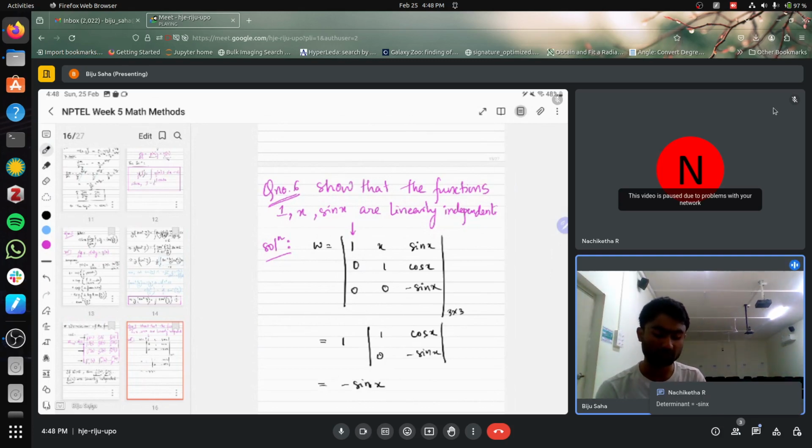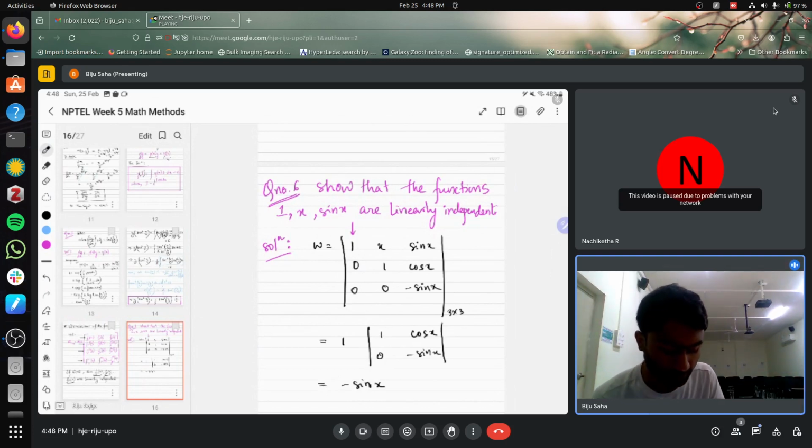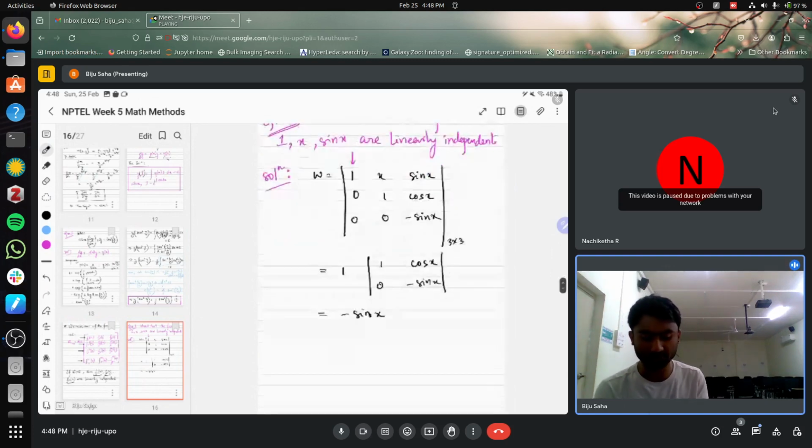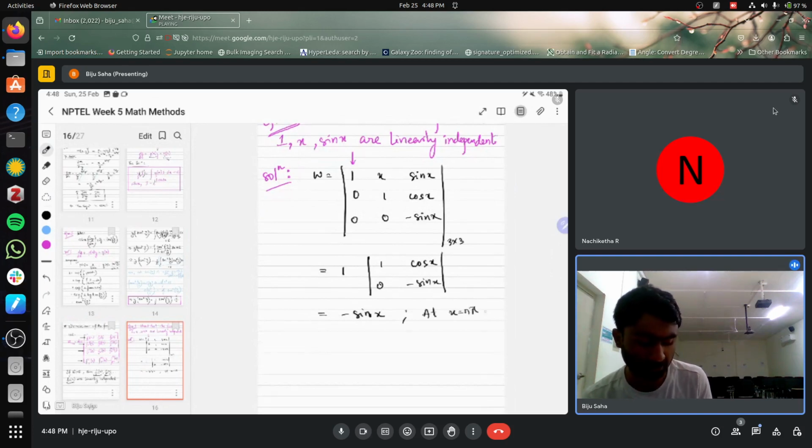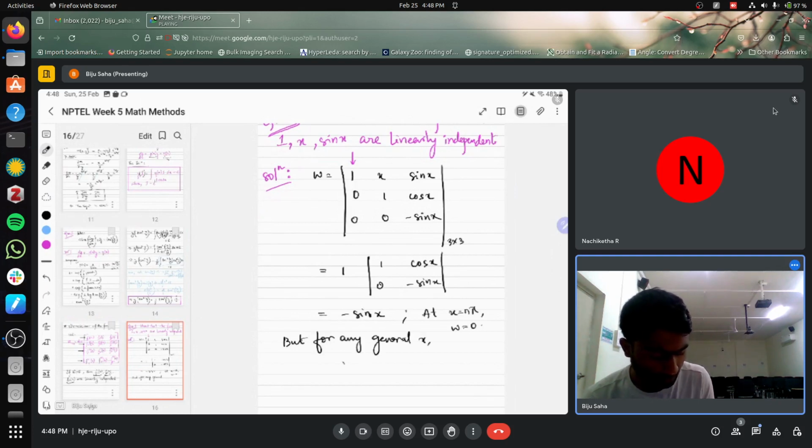So it is not 0, so it's not identical to 0. Maybe at some particular value of x it comes out to be 0, like at x equal to n pi, this particular determinant is 0. But for any general value of x, the Wronskian is not equal to 0.